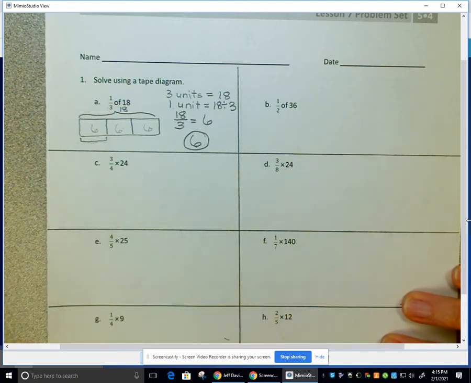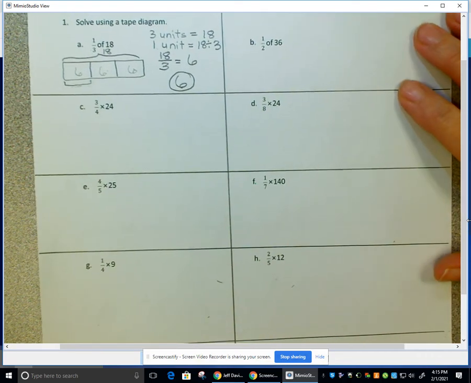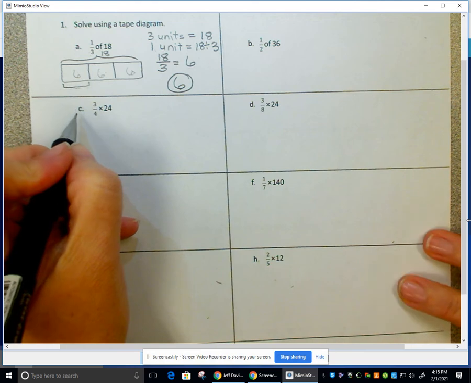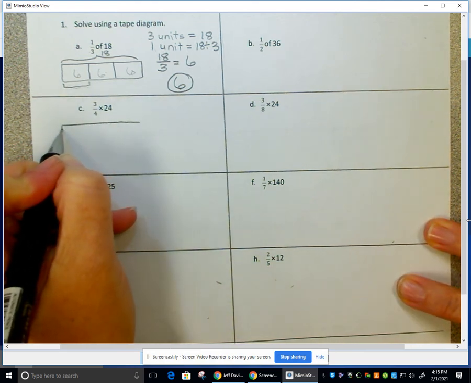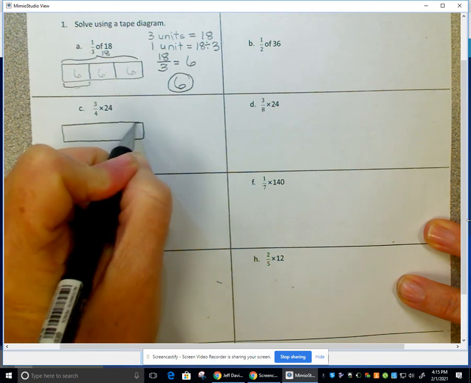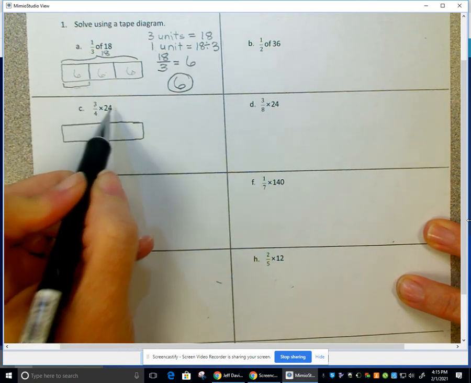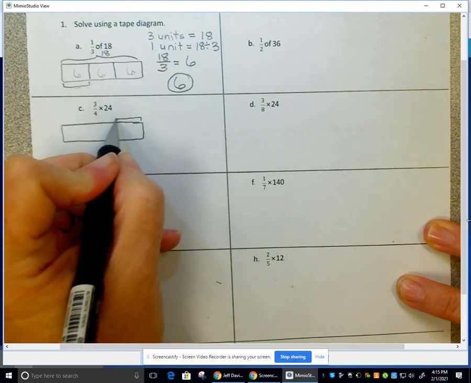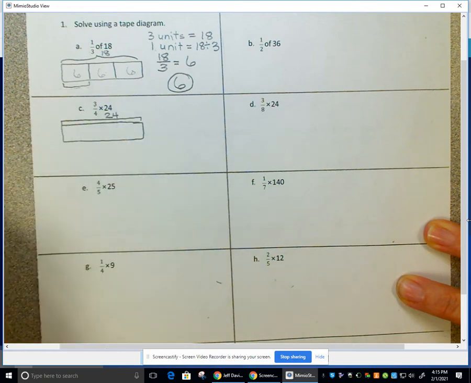Okay, come down to C. Go down to C and let's work that one. On C, I'll do my tape diagram. This is 3/4 of 24. So my whole tape diagram is going to equal 24.